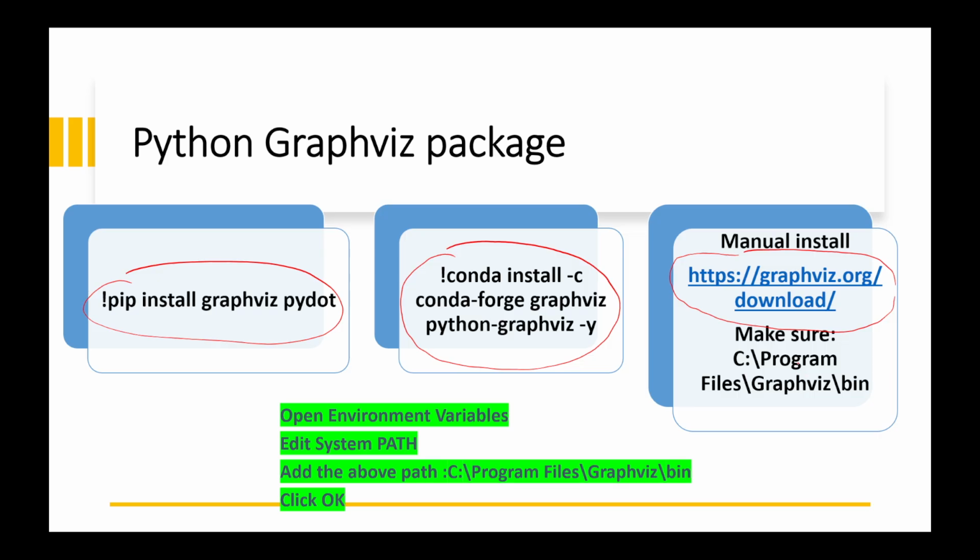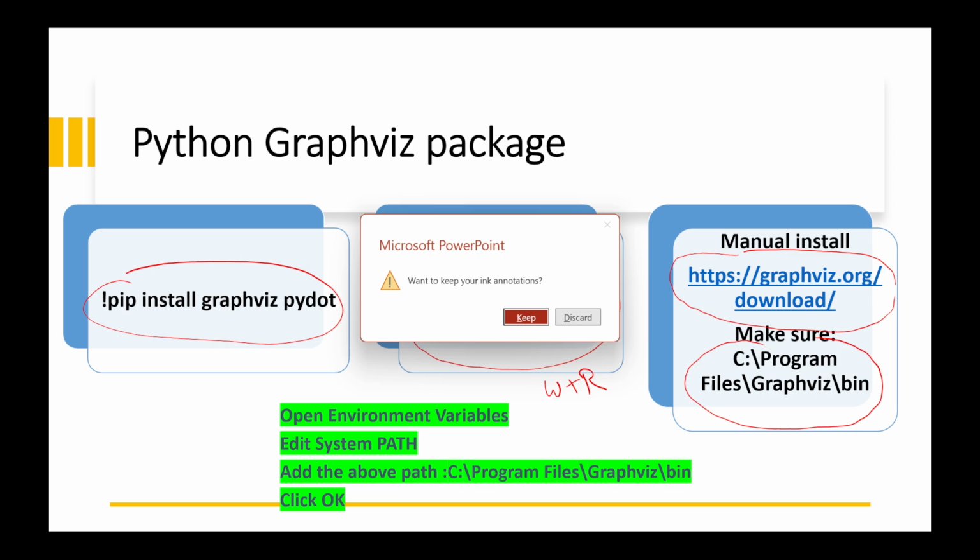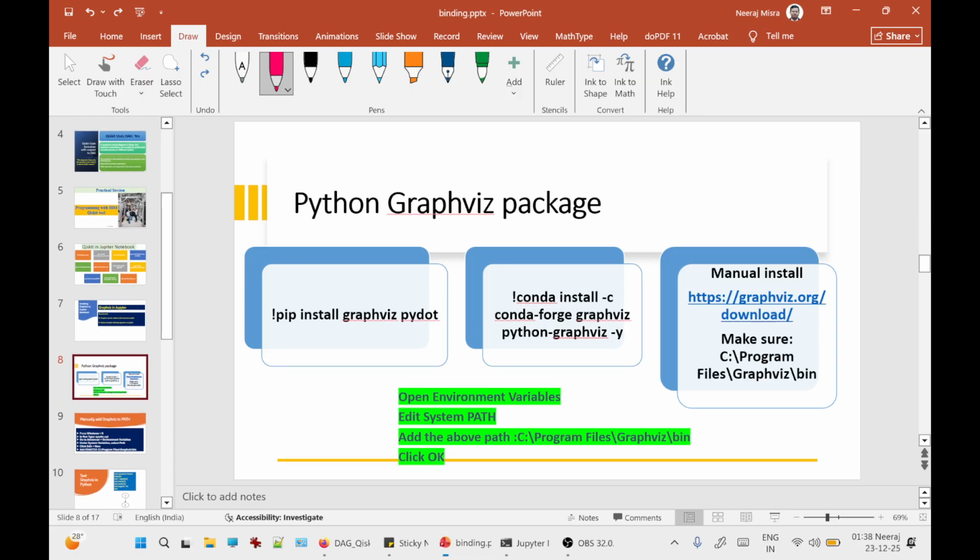Make sure the environment is created in the environment variable. How can you verify this? Press Windows plus R and the Run command will open. I will show practically how to verify that the package is installed properly. Click Windows R and run sysdm.cpl. The System Properties window will open.